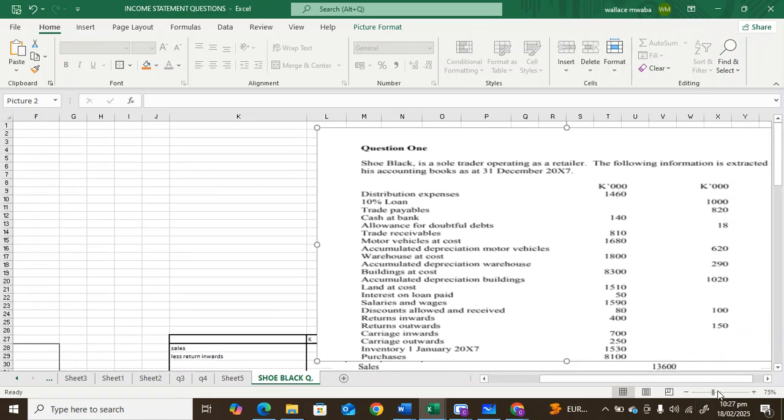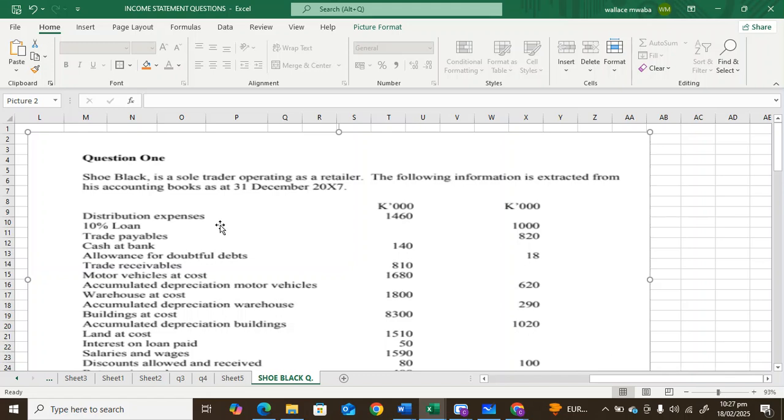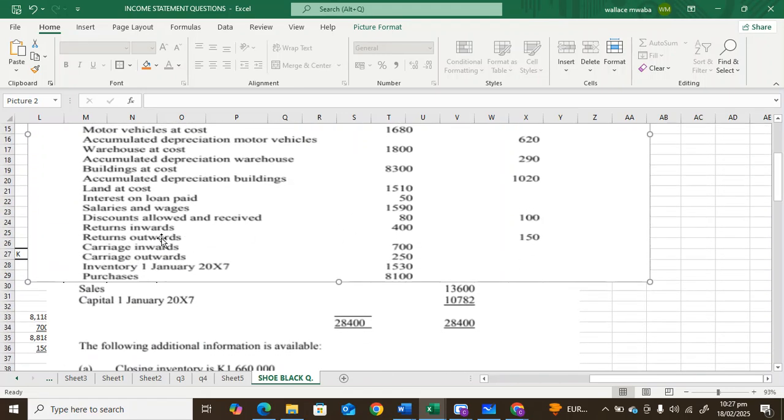We're going to check here. Okay, yes, we have this one here. Discount received. Colleagues, what is discount received and what is discount allowed? Anybody to give it a try?